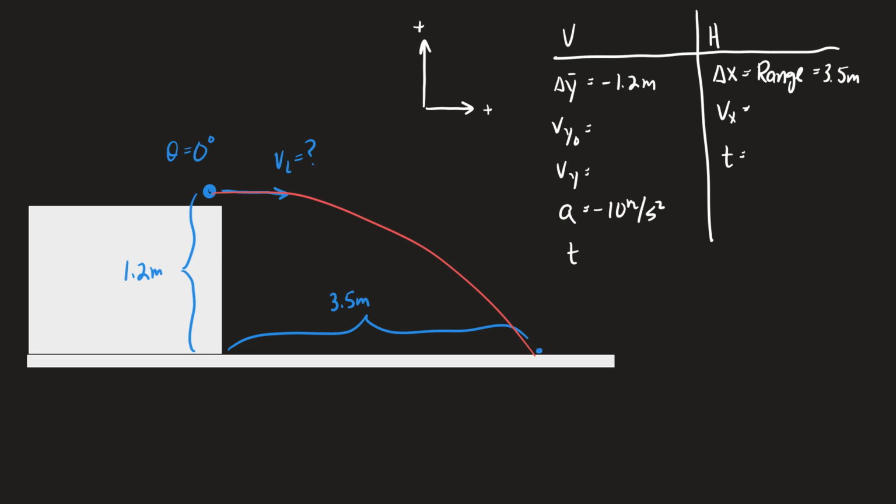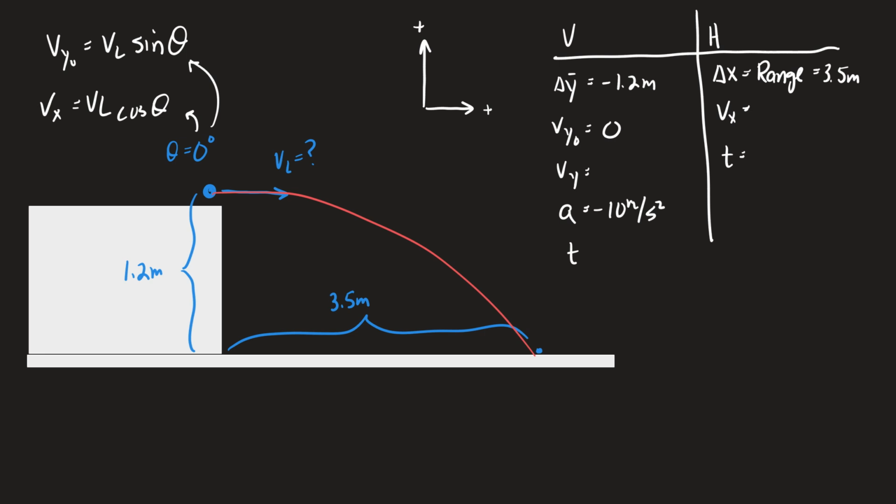Now, Vy naught is VL sine theta, and Vx is VL cosine theta. When I put 0 in, cosine becomes 1 and sine becomes 0. Correct? The sine of 0 is 0 and the cosine of 0 is 1. We're all good there?